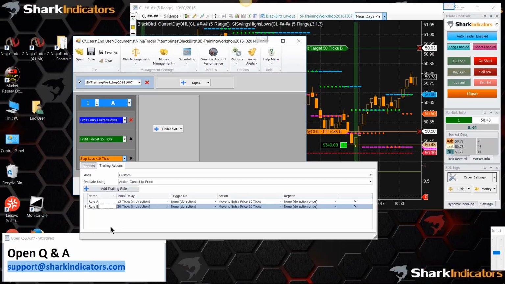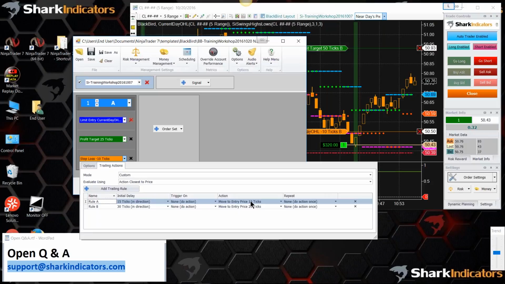Okay, so Jeff's got a follow-up question. If it's real time, then how does it behave if price goes up 15 ticks, and so it executes rule A? So price goes up 15 ticks, executes rule A, so that moves our stop loss to the entry price plus 10 ticks, and then price moves down.